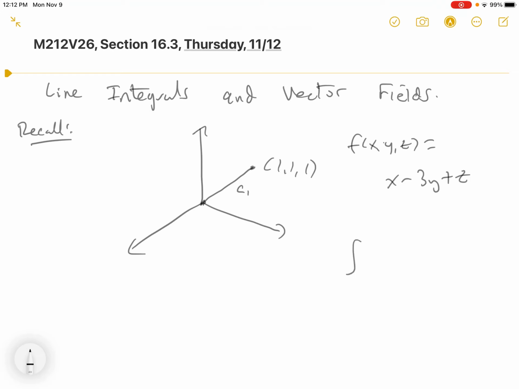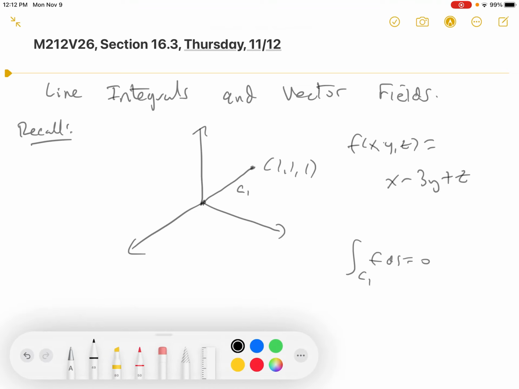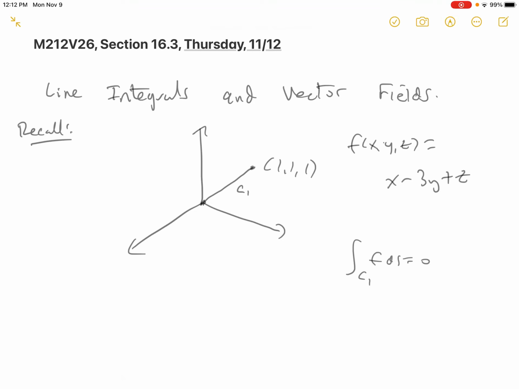And when we did that, we got 0. And then we looked at combining two curves, c2 and c3. And we looked at the sum of these, and it wasn't equal to 0.